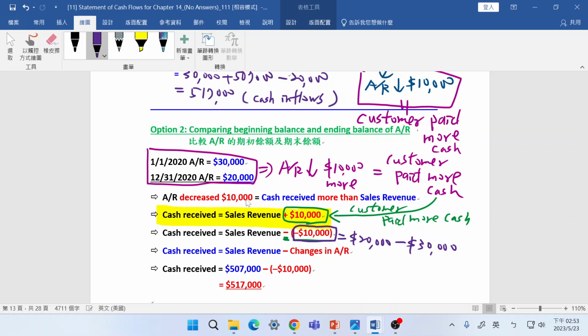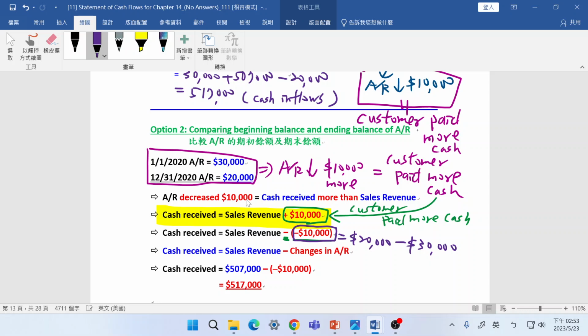In the direct method, we are going to use the formula. 可以理解吗？我们把多拿到的10000块变成这样的方式，就是减期末减负10000块。那这负10000块就是期末减期初。So that's right. They will become this formula.